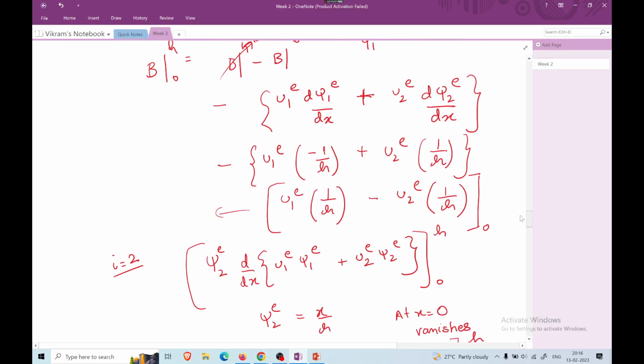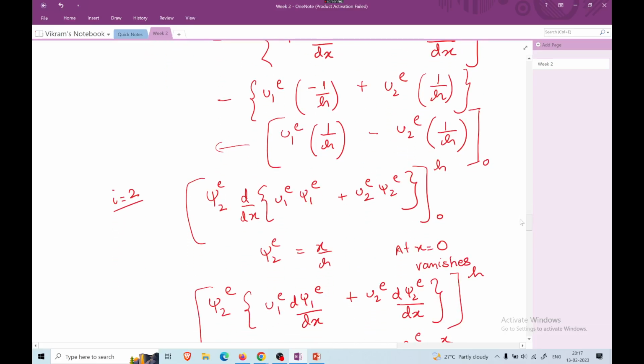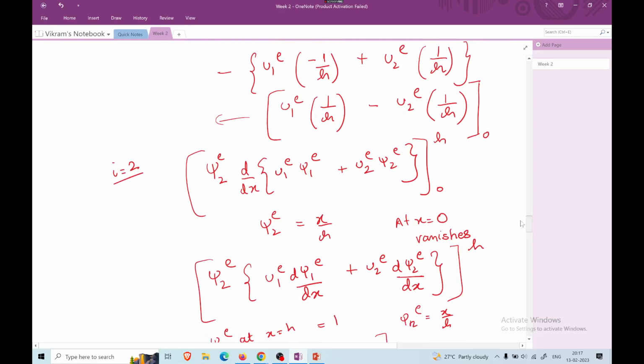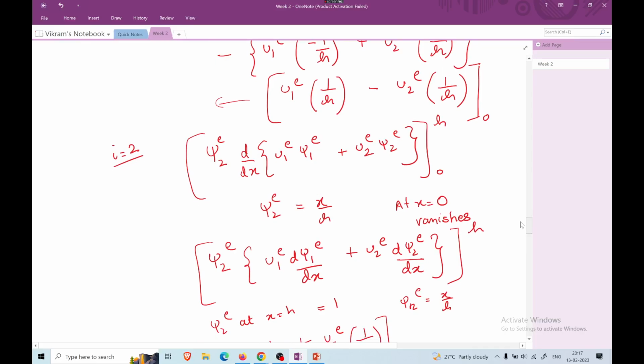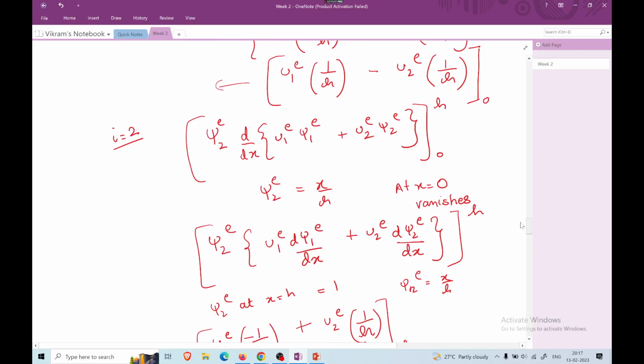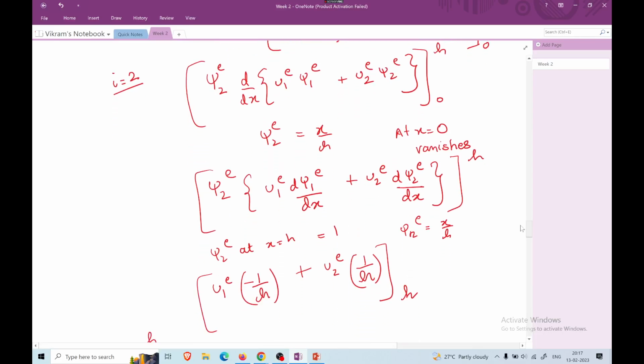Because the boundary term at 1 and 2 they have to vanish actually.